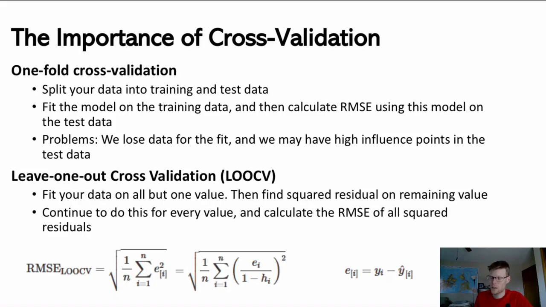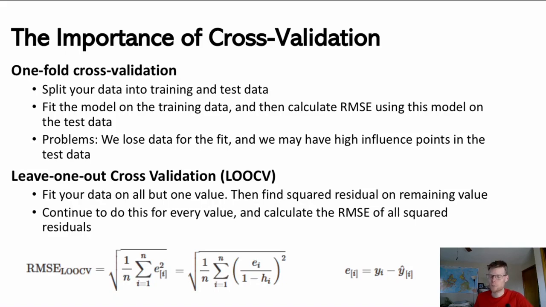So this notation here, e sub bracket i, with what look like absolute value signs, I'm actually not sure how to pronounce this. But this symbol right here represents the observation i minus the fitted value when we fit a model including all data besides i in the training data.